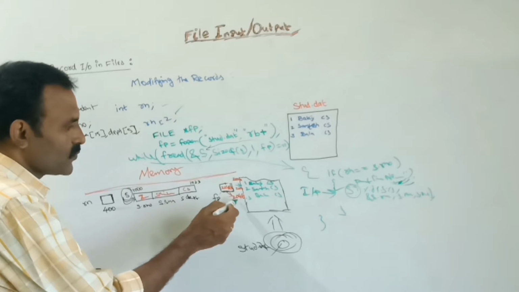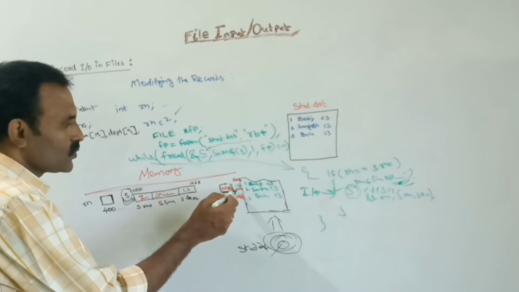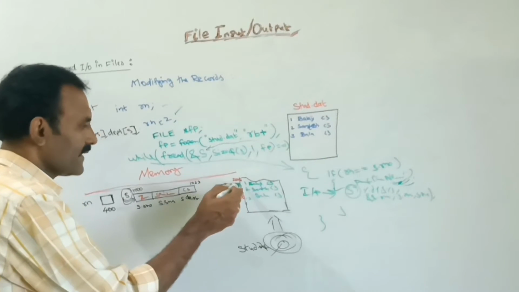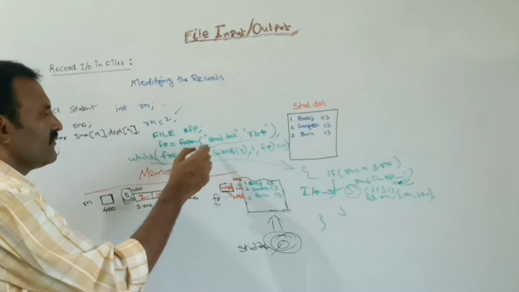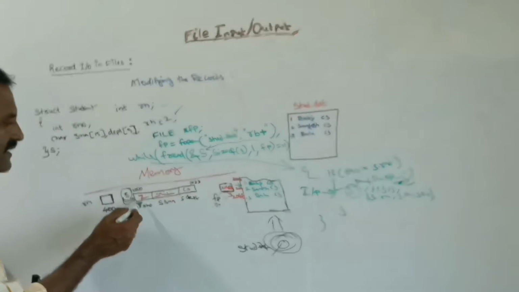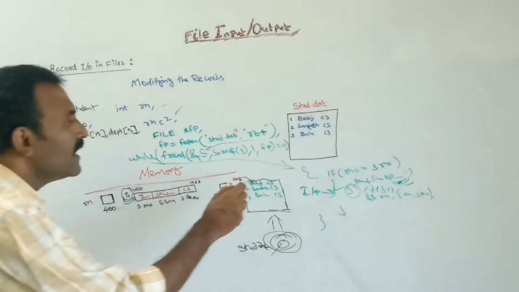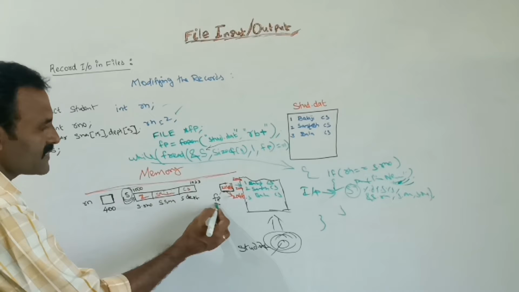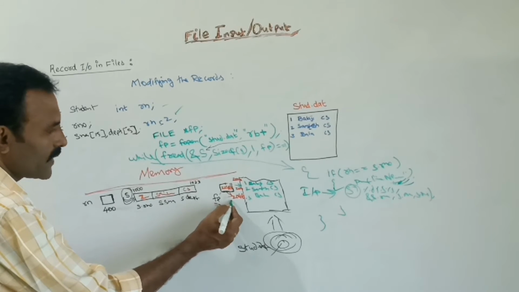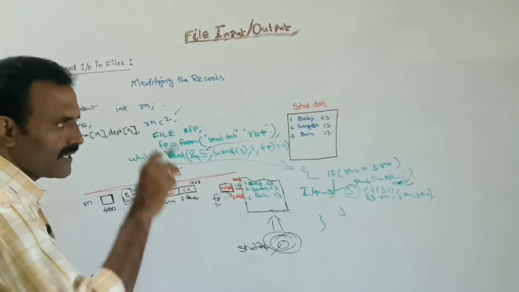It is at 2048, because this entire record of 24 bytes has been read and stored in the s variable. So currently the s variable has 2, Santosh and CS. Now I am giving the new value. The file pointer is currently located at address 2048.